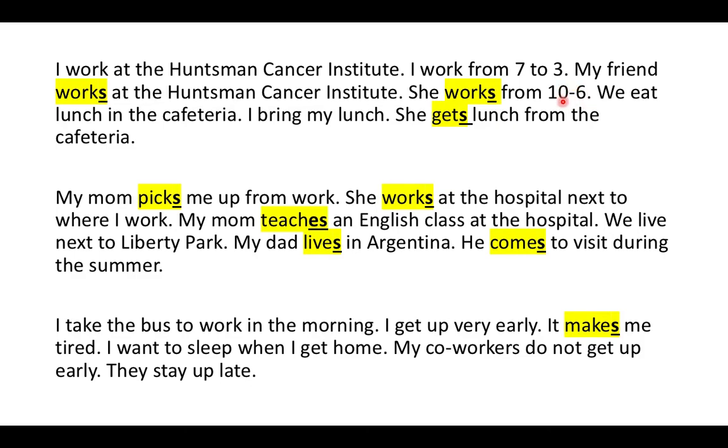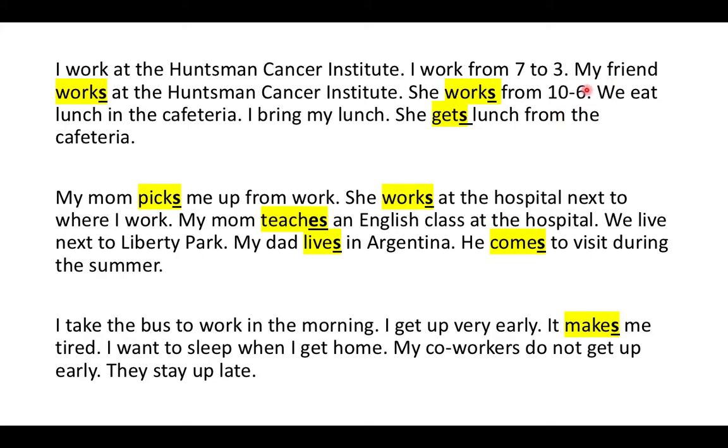It just means that whatever is happening from 10 to 6, meaning if it's at a store and it says our hours are 10 to 6, it means that it's open from 10 to 11 to 12 to 1 to 2 to 3, 4, 5, and 6, and that's when it closes.